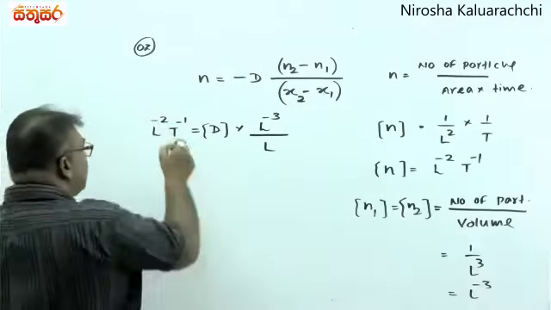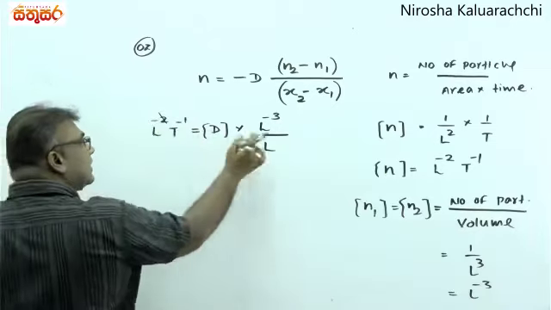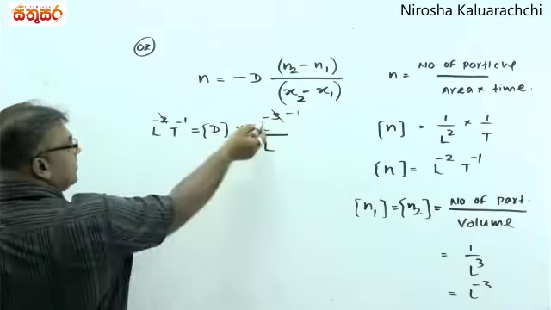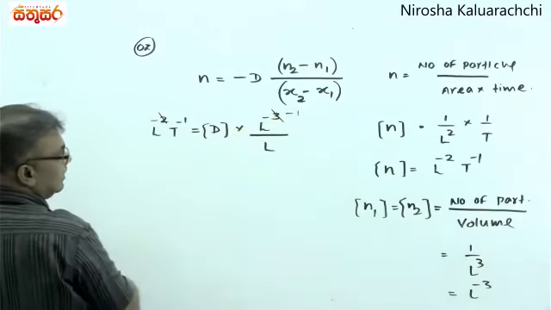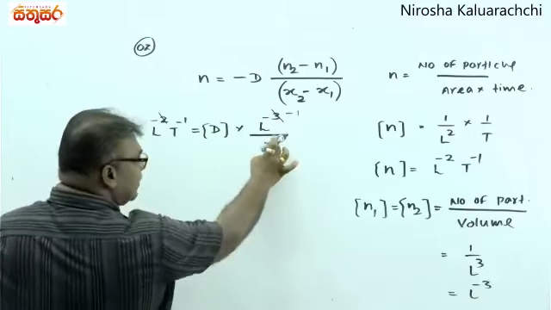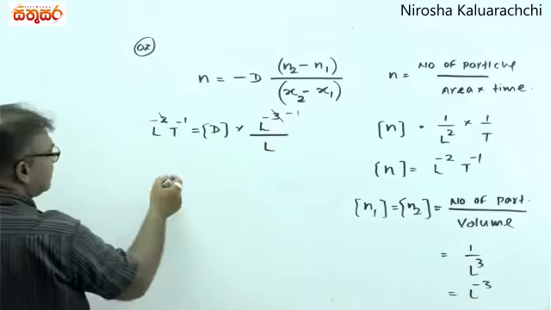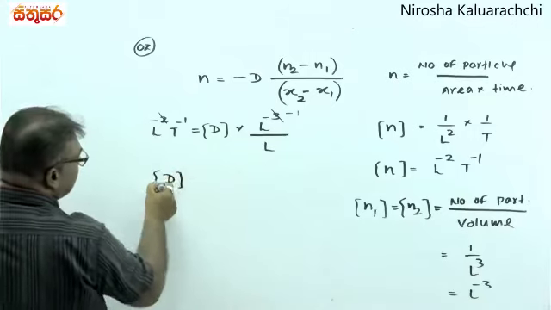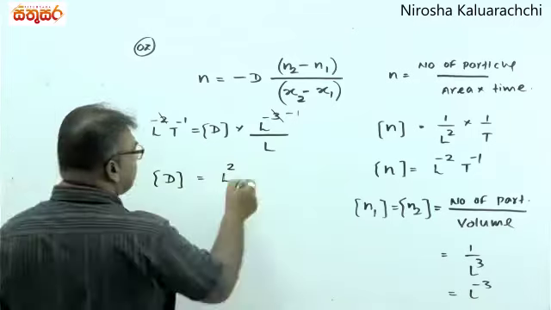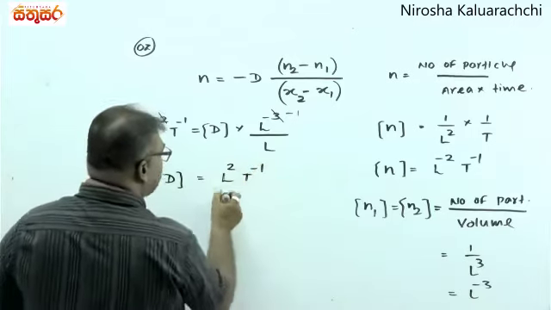Okay, then L^-2 on either side, the L^-2 cancels, T^-1 remains. Cross multiplication: L^-1 comes down, becomes L^+1, plus 1 plus 1 is 2. Then the dimension of D becomes L² T^-1.